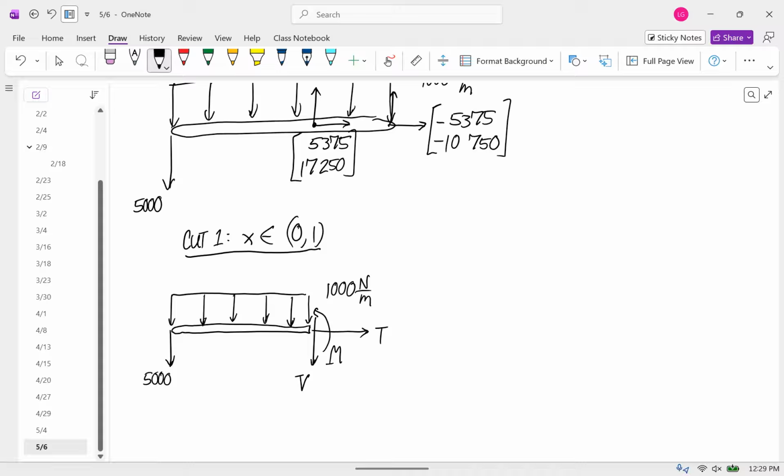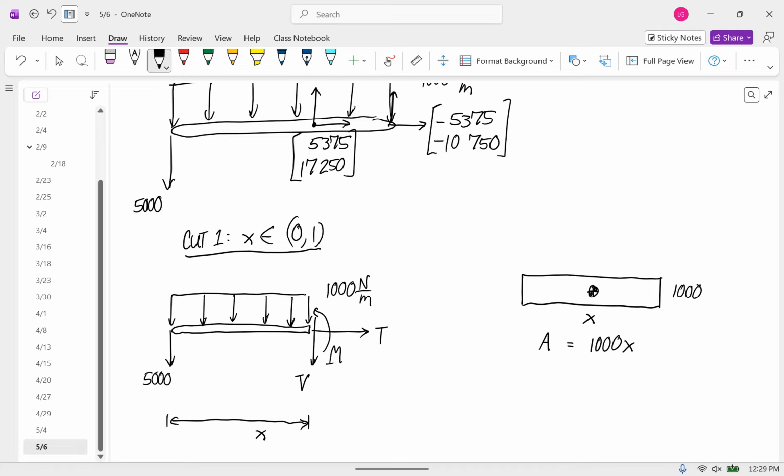And this length is x. So now if I think about that uniform distributed load, it has a width of x, a height of 1,000, a centroid right in the middle, and the area of this is 1,000x. So when I replace this distributed load by a point force, it's going to act at that centroid, and it's going to be a downward force of 1,000x.